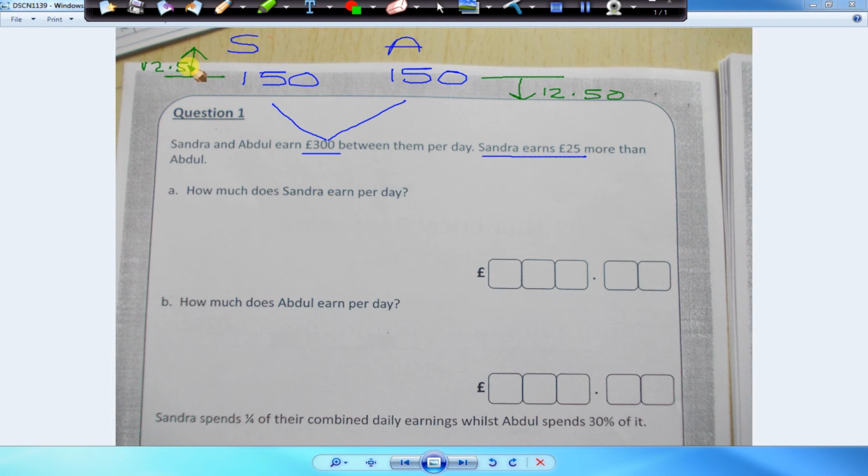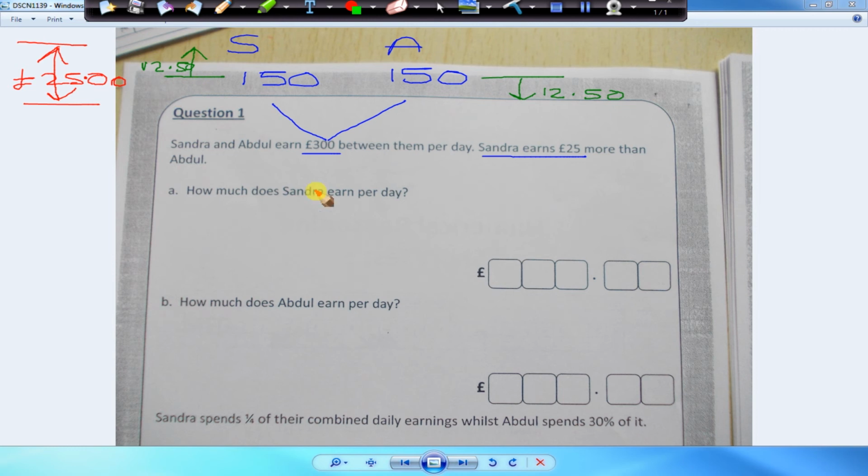We went down by £12.50 and then up by £12.50, so that gives a total displacement of £25 extra for Sandra. So this one loses £12.50, she gains £12.50, and the net difference is £25 for Sandra.